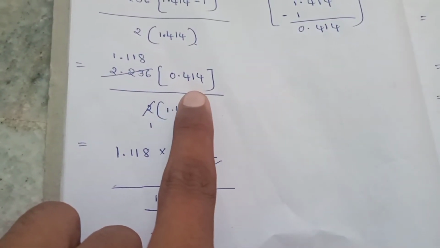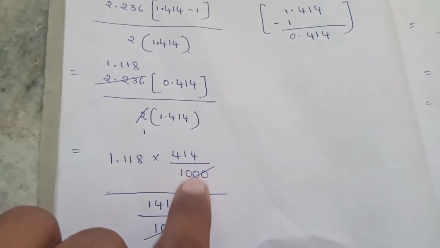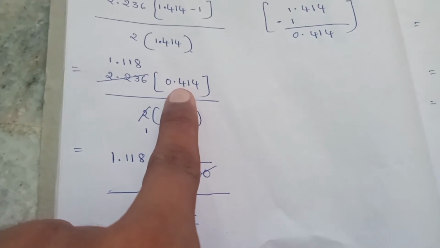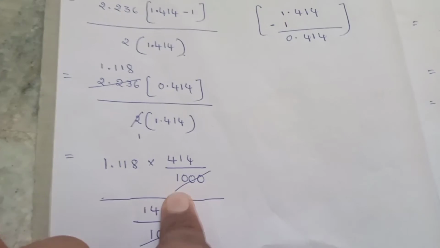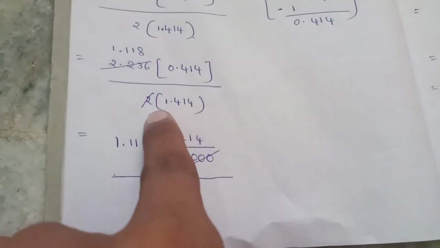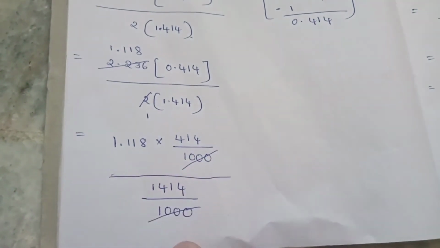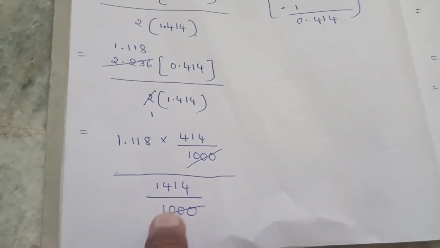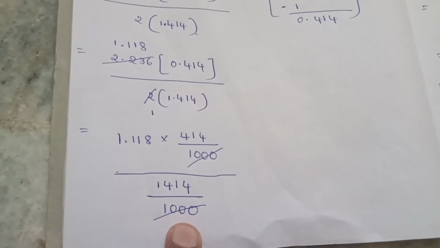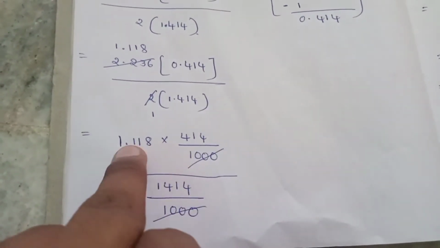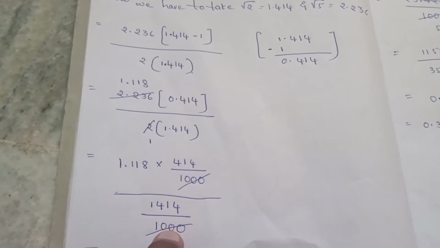If there are 4 numbers after the point, we take 4 zeros beside the 1. By the same rule, 1.414 has 3 numbers after the point, so we take 3 zeros beside 1: 1414 by 1000. The 1000 will cancel. What is left is 1.118 into 414 by 1414.